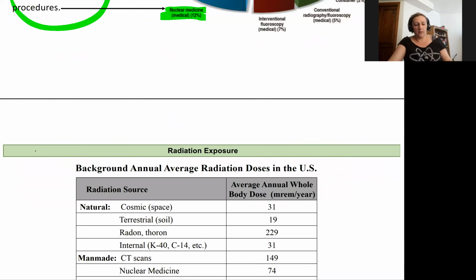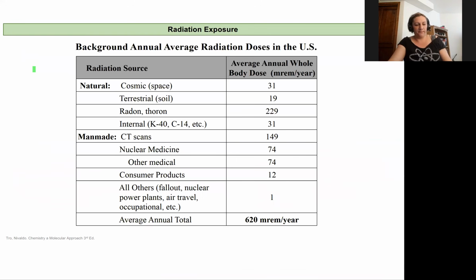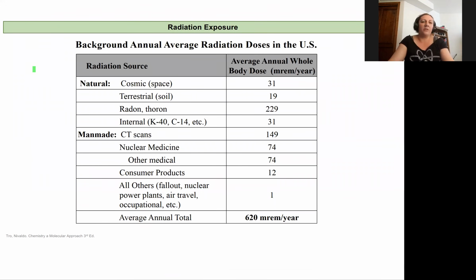So talking about this some more, let's talk about some of the average radiation doses in the US that you're being exposed to. We're going to look at these in millirems per year. So it's a rem, but 1,000th of a rem over a year.